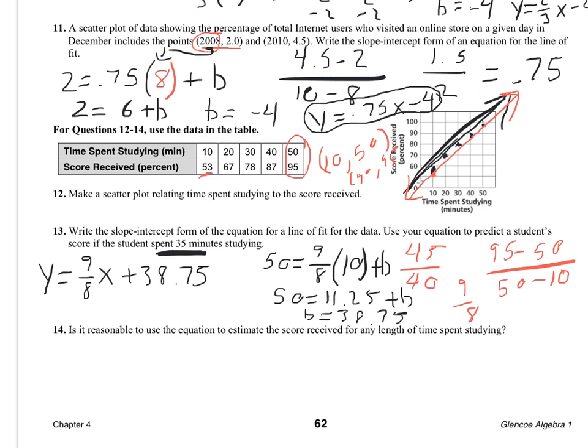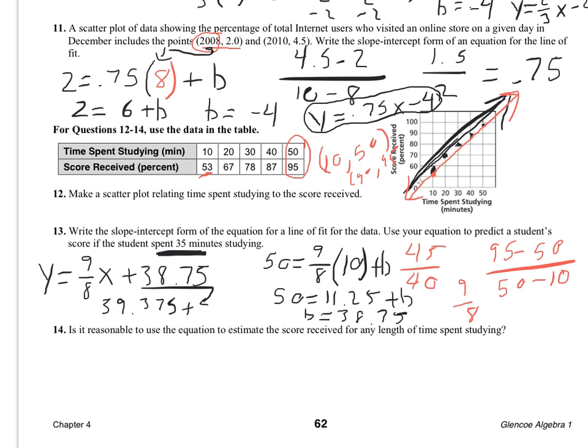So we have 9/8 times 35, which should give me 39.375. And then we'll just add this back onto here, plus 38.75.